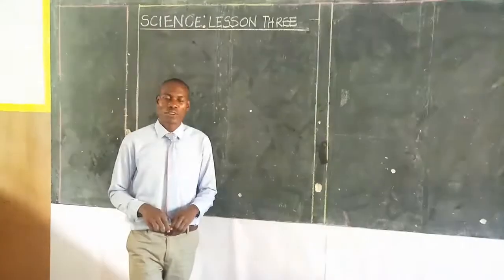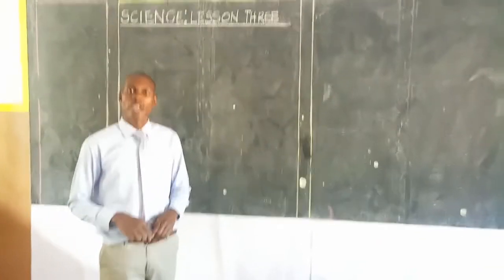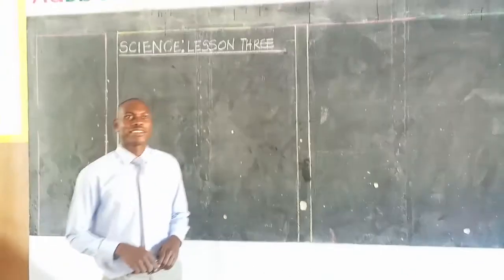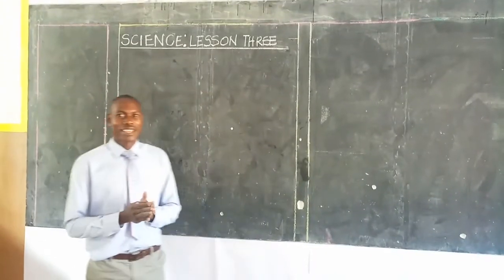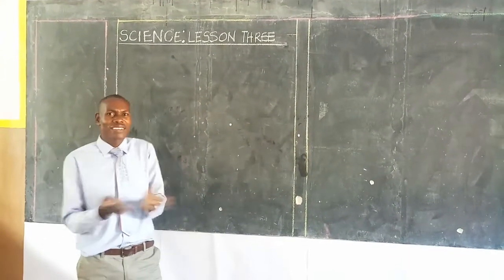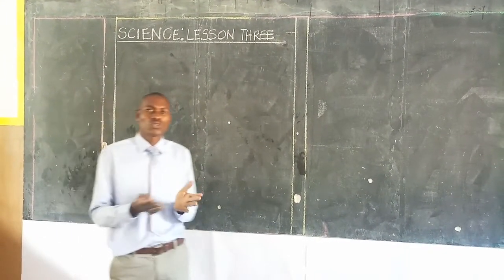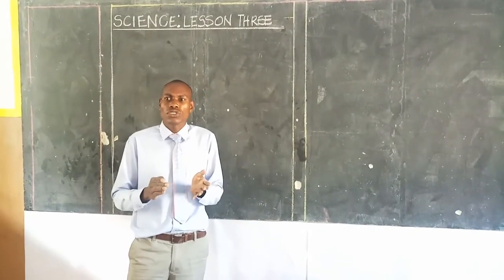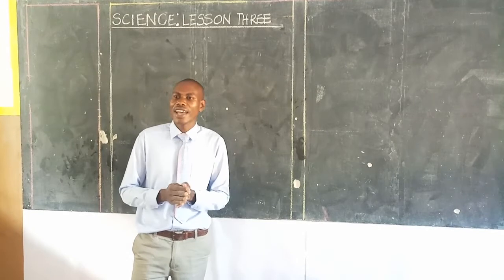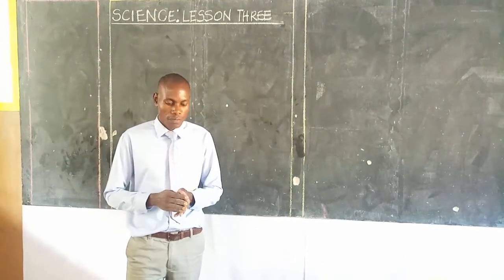In the previous lesson we learned about light and specifically properties of light, and we were able to discuss very many issues concerning the properties of light, and after which we had an exercise to do.